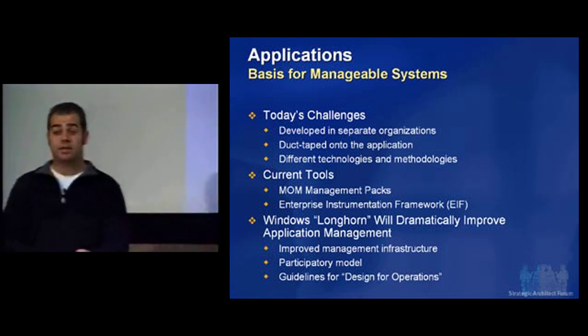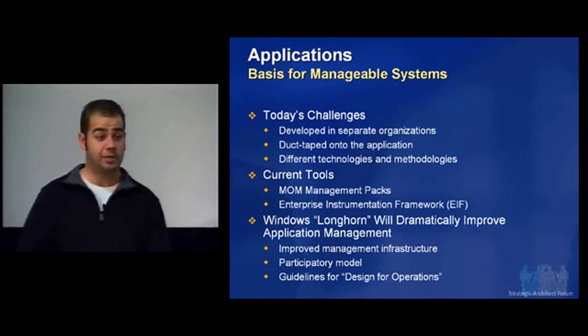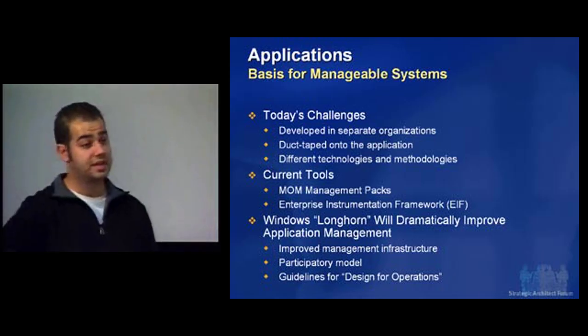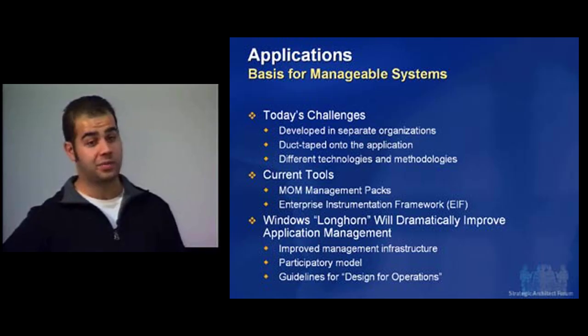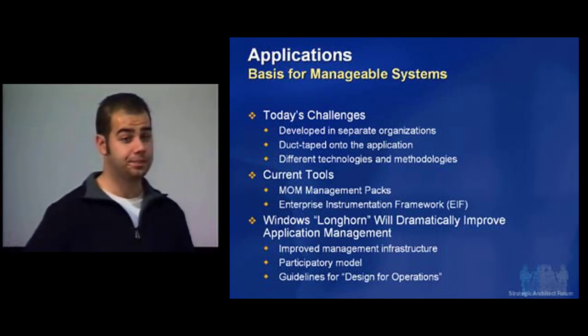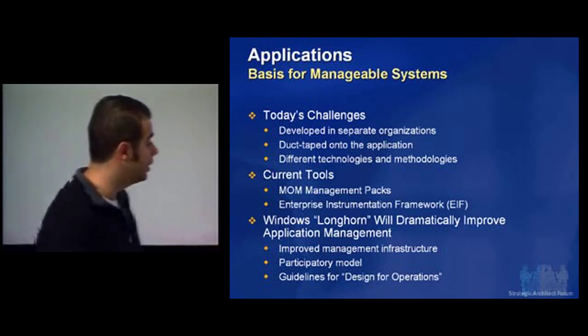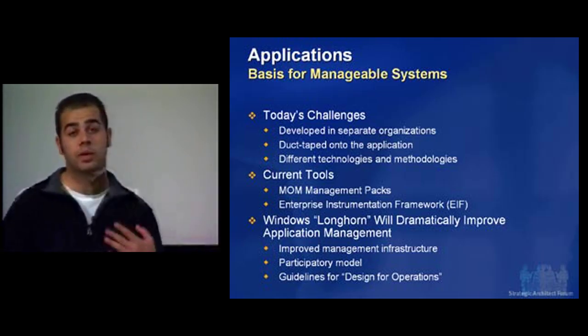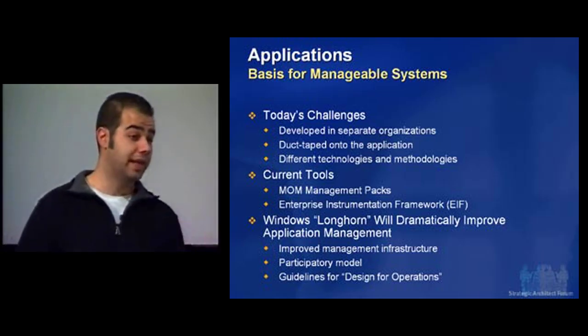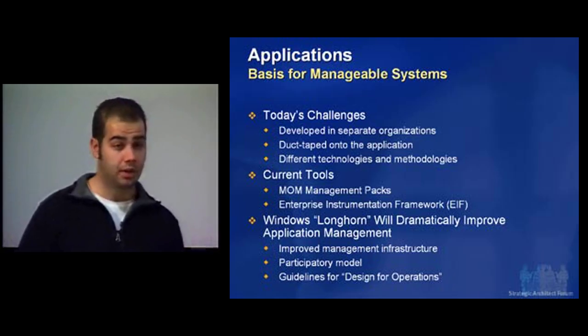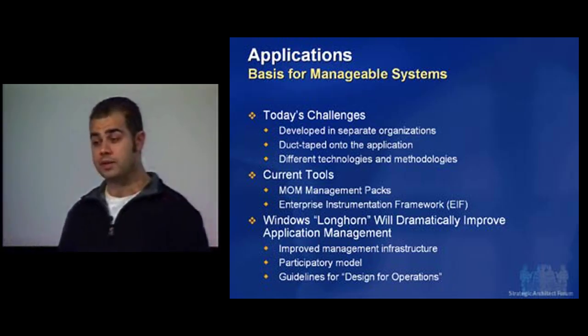We're making it really easy for developers to expose good management attributes. There's a very simple participatory model where it's a declarative model. You declare your management attributes, and the system takes care of the rest. I'll talk about those in a little bit. And then we have a set of guidelines for what it means to have a good managed application. And this is all, again, part of a design for operations.